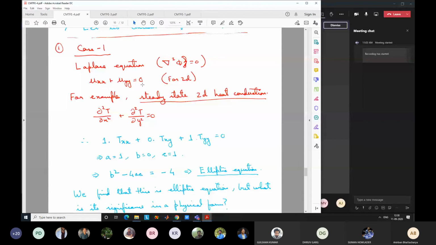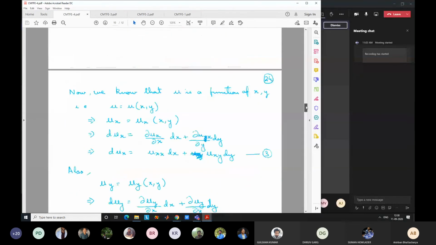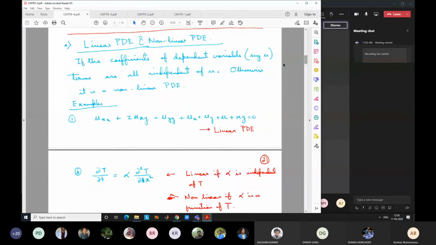Although in CFD books, you will note that sometimes this 1D heat conduction problem, I am just digressing here, but I will go back to that equation, the 1D heat conduction transient equation. I hope you can see the equation I am showing. Directly, they will call it a parabolic equation.